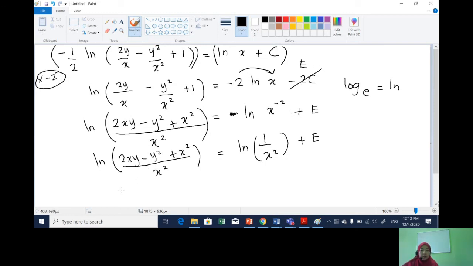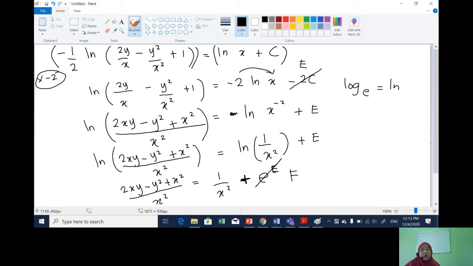So I will write down here 2xy minus y squared plus x squared over x squared equal to 1 over x squared, plus e to the power of e. This small e means the exponential, right? Capital E is the constant. So let's call this e to the power e, let's say, f.